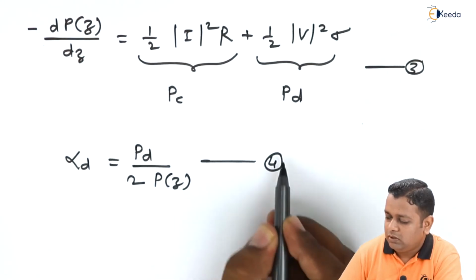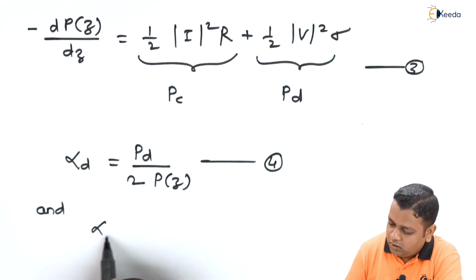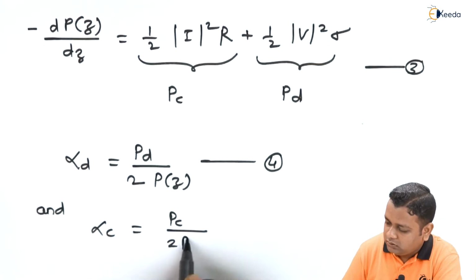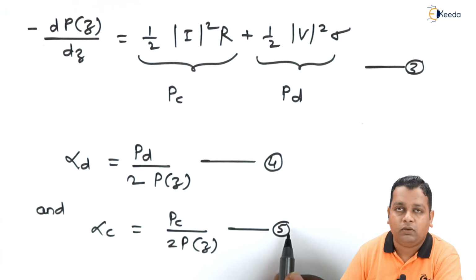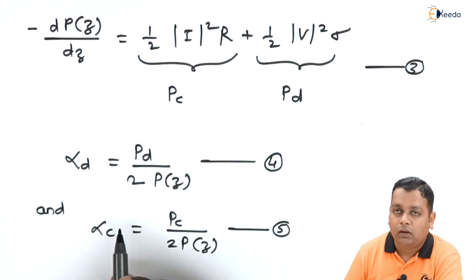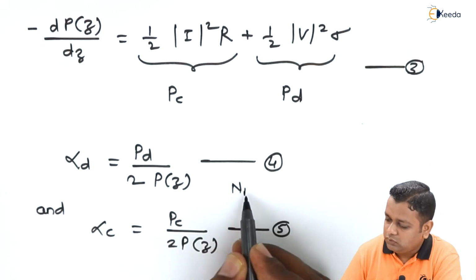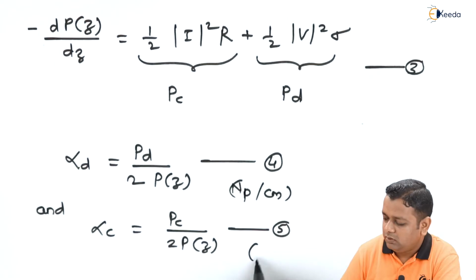So let it be equation 4, and we can have alpha suffix c is equal to Pc divided by twice of P as a function of Z, equation number 5 here. So both are the alphas, the attenuation constants, so those can be measured in terms of Nepers per centimeter in this particular case here. So let us address both types of the losses in some more details.